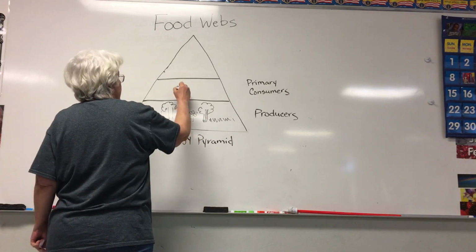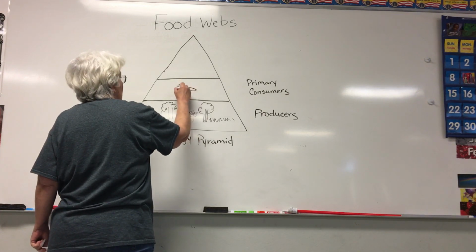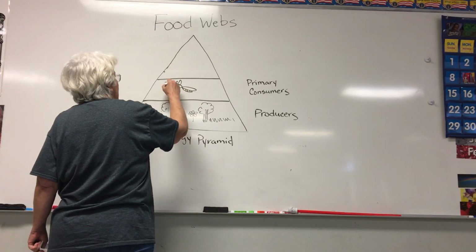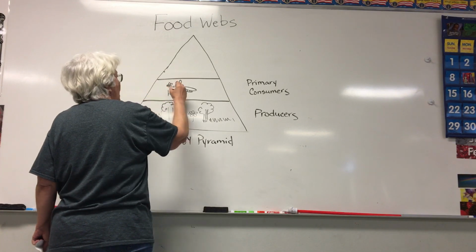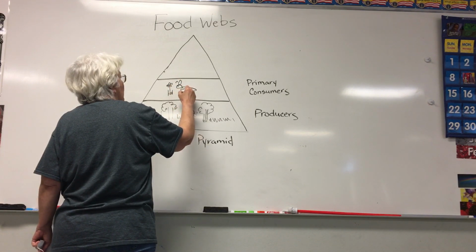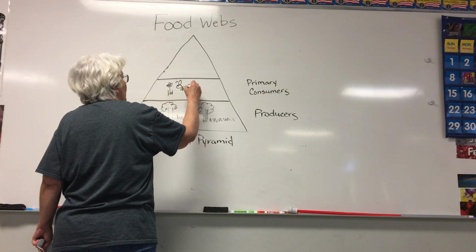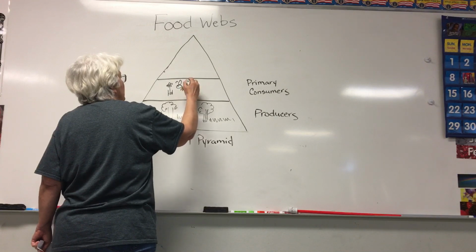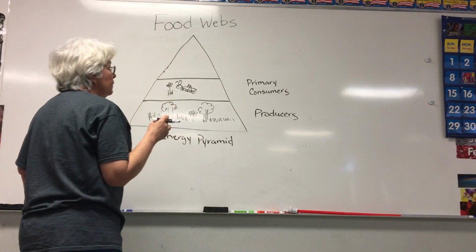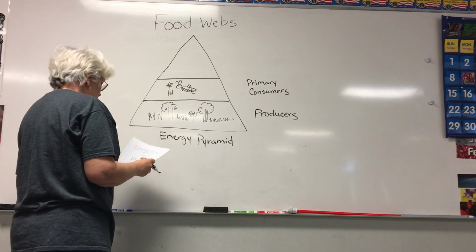So once again, we're going to draw our little grasshopper, because he is over here eating maybe a little flower and some grass. Let's give him some legs and some hoppity things. So these are our primary consumers.